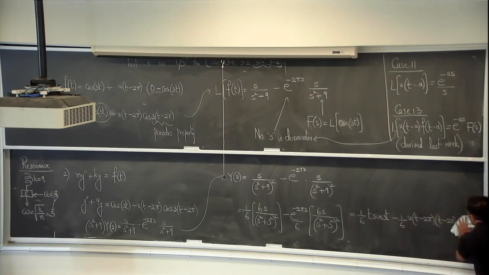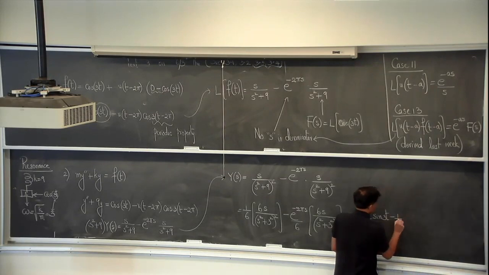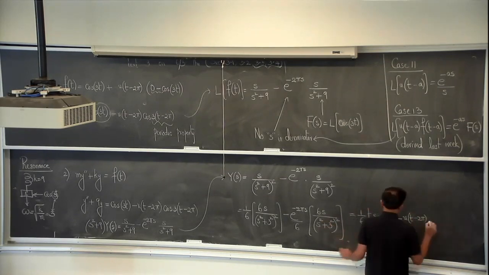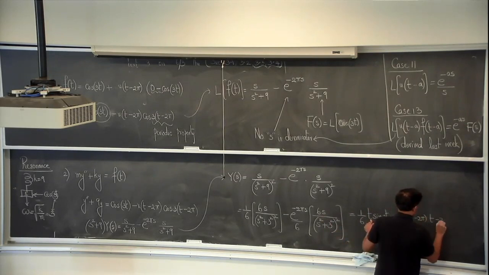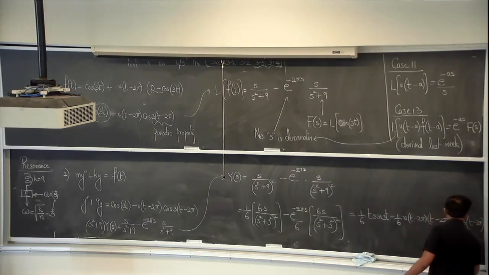To make it clearer, it's minus 1/6 u(t minus 2 pi) times (t minus 2 pi) sine of 3(t minus 2 pi). There you go.